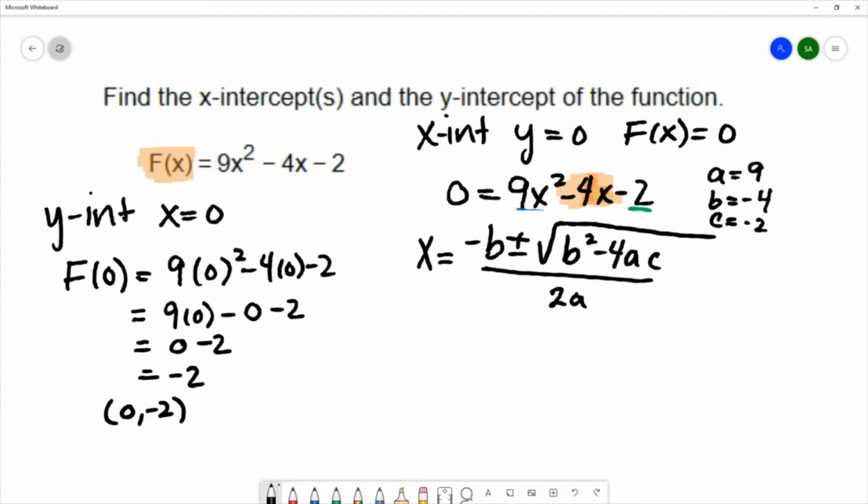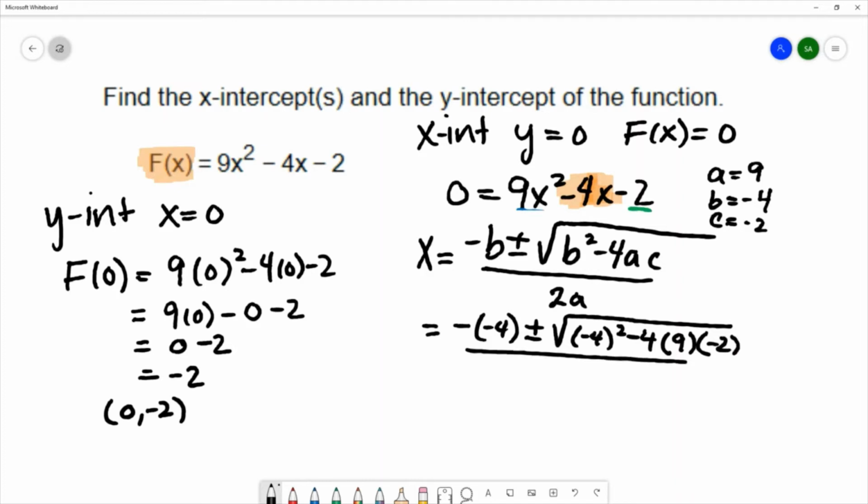I'll substitute these values into the quadratic formula, which will give me negative b plus or minus the square root of negative b squared minus 4 times a, which is 9, times c, which is negative 2, all divided by 2 times a, which is 9.